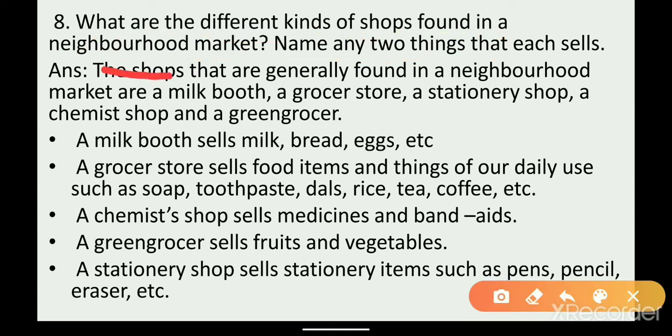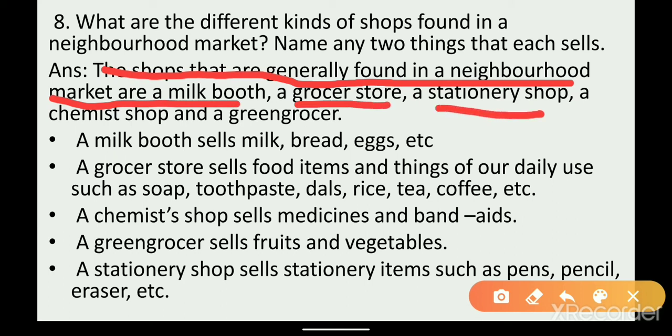The shops that are generally found in a neighborhood market are a milk booth, grocer store, stationery shop, chemist shop and greengrocer. So first one, a milk booth sells milk, bread, eggs, etc.